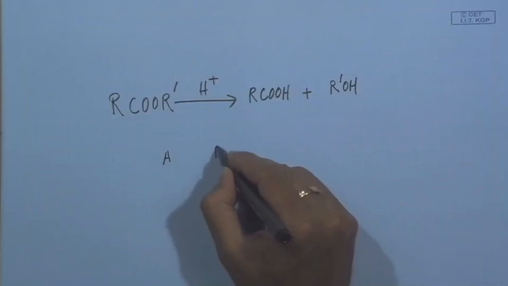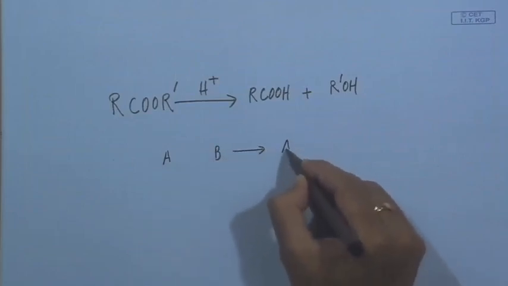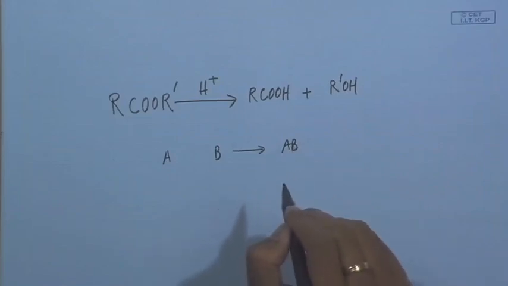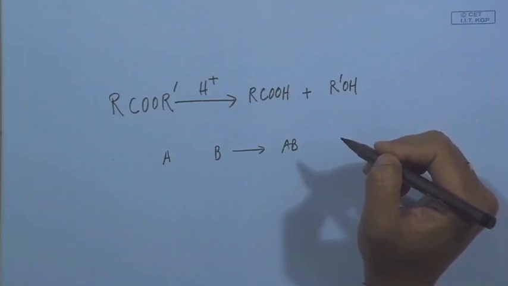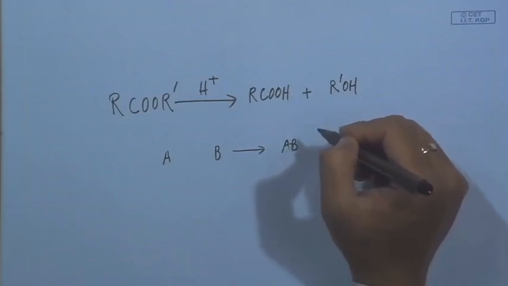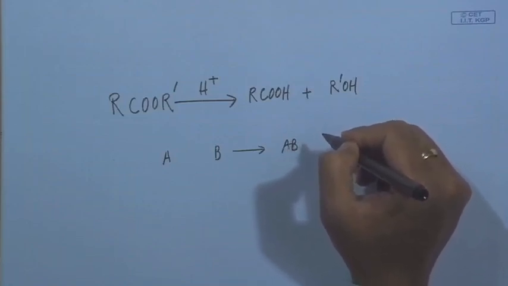But suppose we have a situation where we have reactant A and reactant B, and if they come close to each other, they will form AB immediately, meaning it does not take any time. That means we can assume that possibly the reaction barrier is not there.